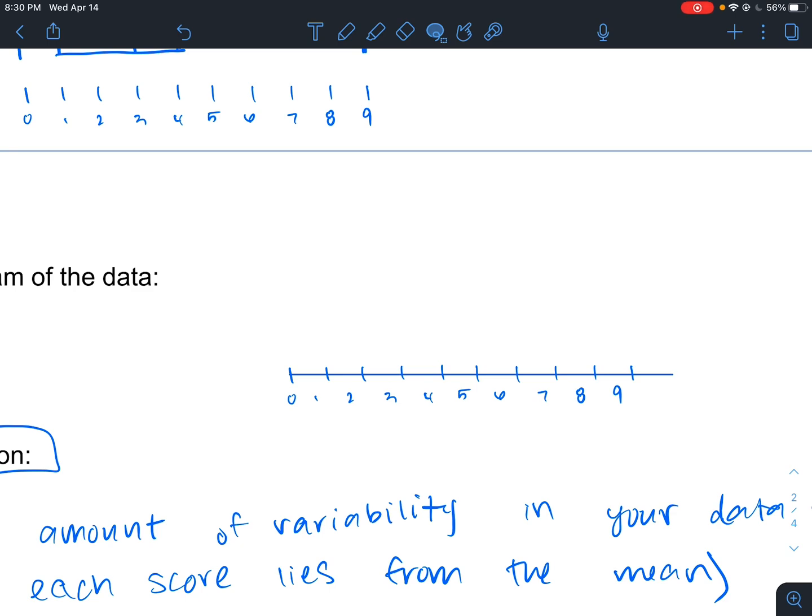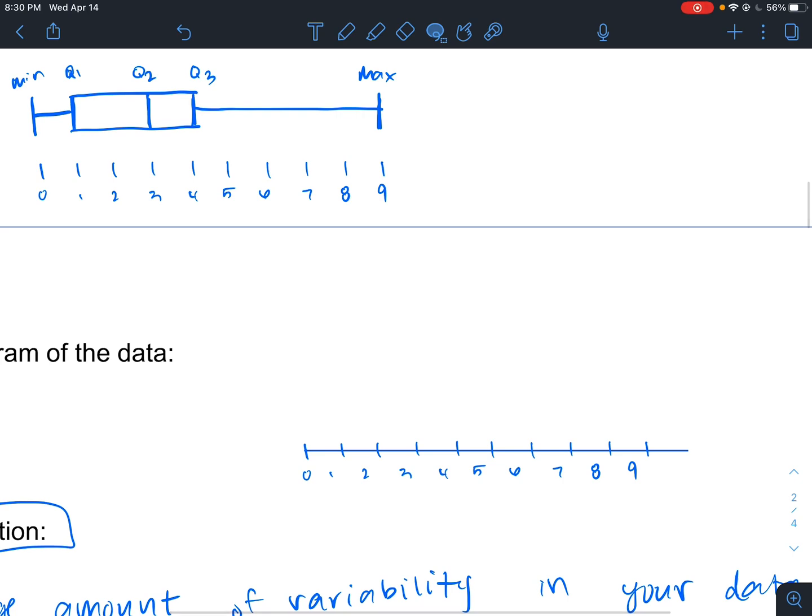A histogram uses bars to show us the data, right? So this should be more like a graph.